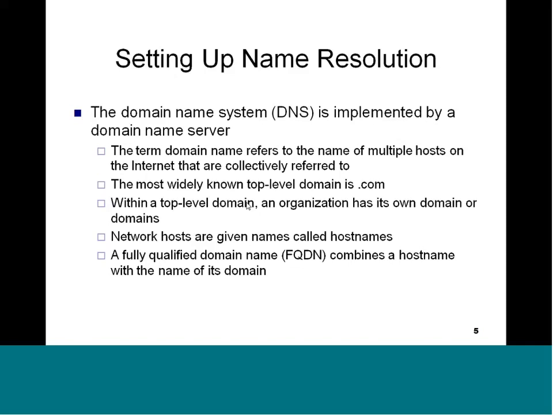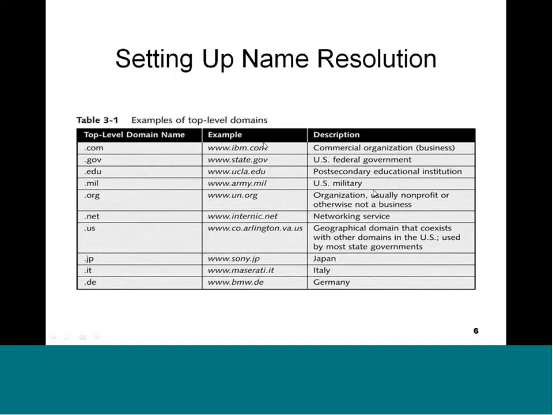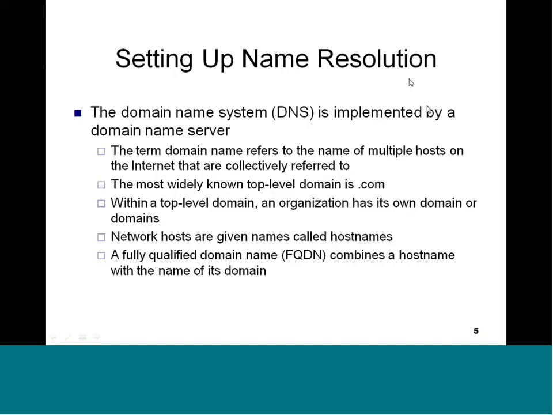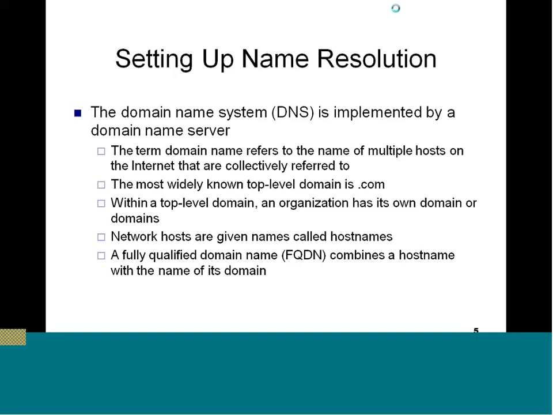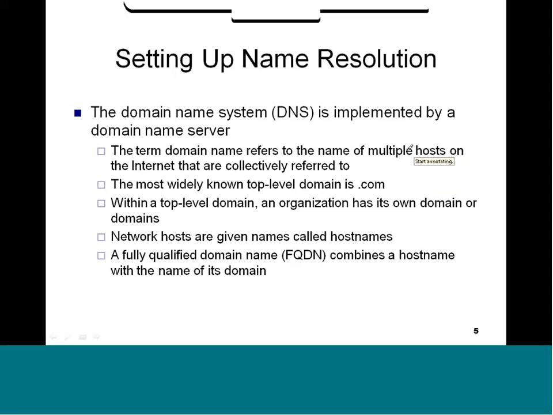Here you can see that the .com is at the top, followed by the remaining part, and then you can also have other items to the left of the .com. So let's look at some examples.